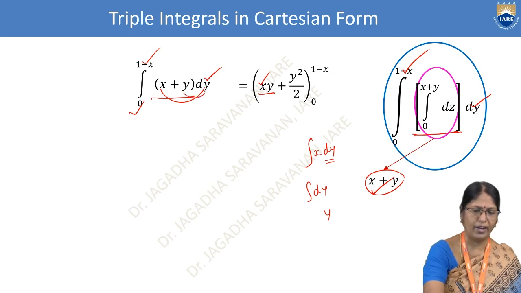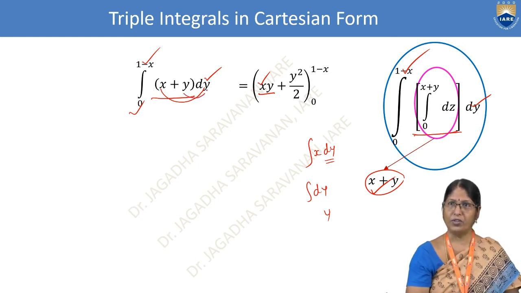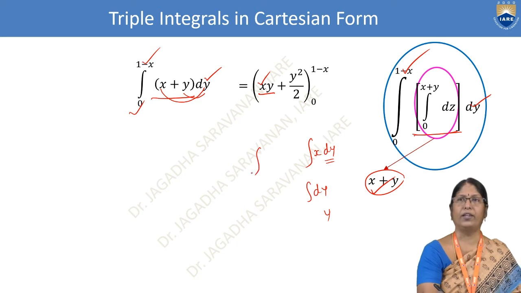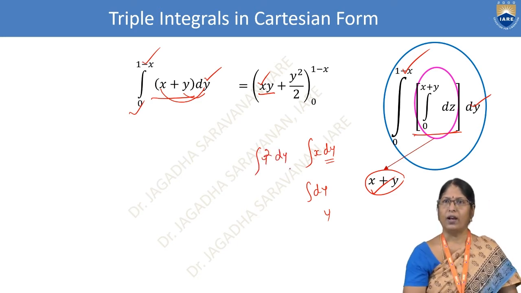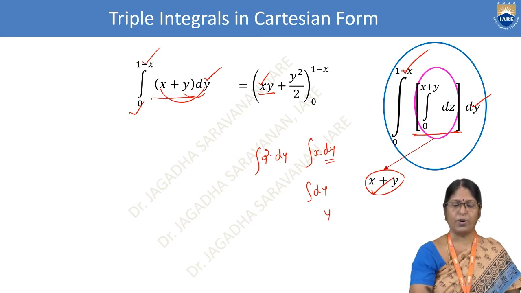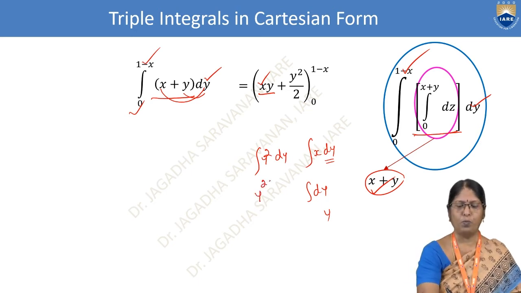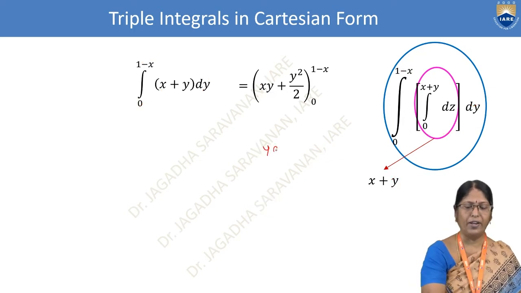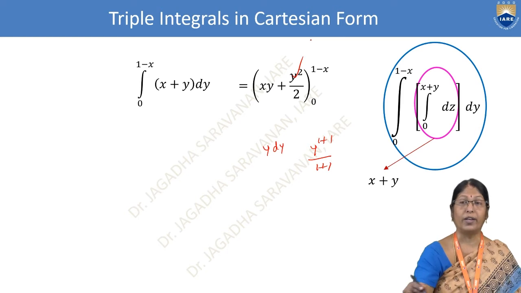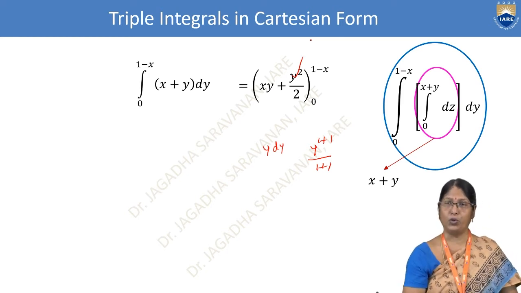Plus y dy, simple integration, our usual integral formula: y power 1 plus 1 by 1 plus 1, that is y square by 2.